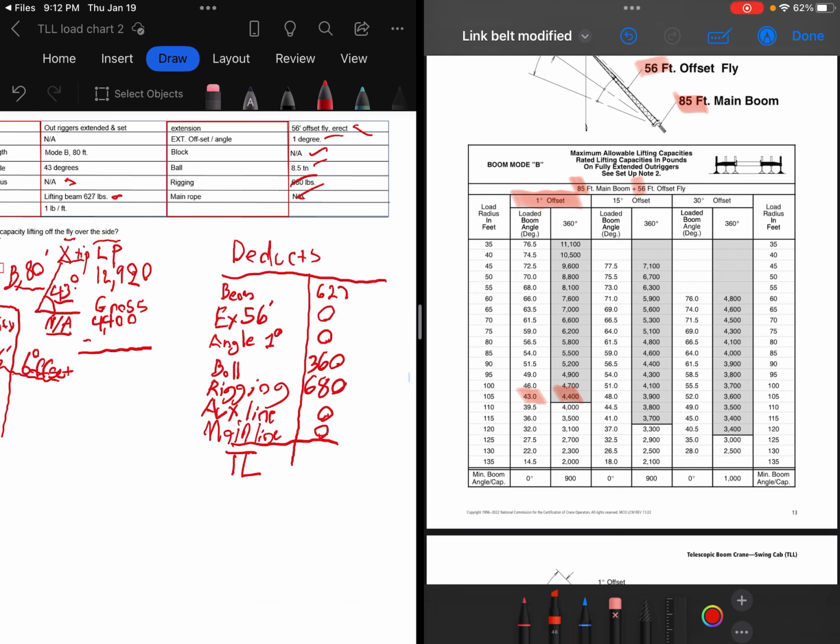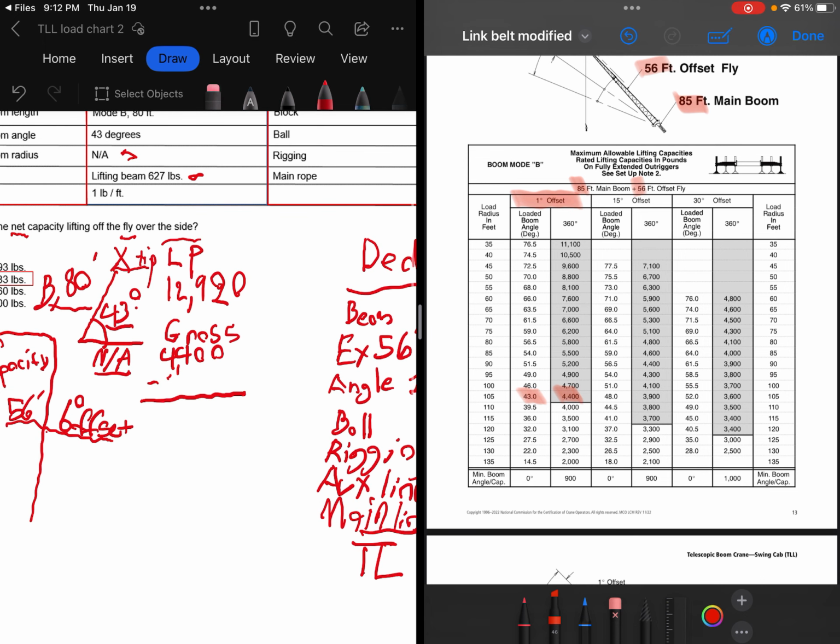I like to write that here as well, just in case. 1,667 pounds.